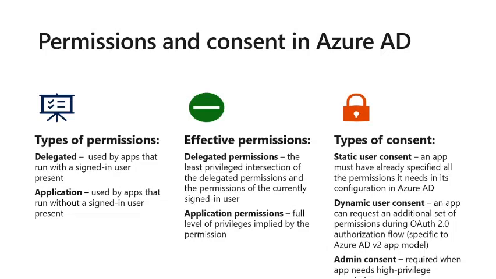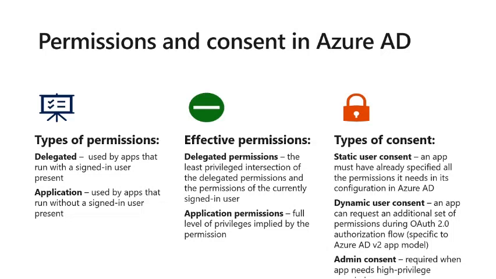Permissions, also known as scopes, make authorization easy for the resource because the resource only needs to check that the token contains the appropriate permission for whichever API the app is calling.